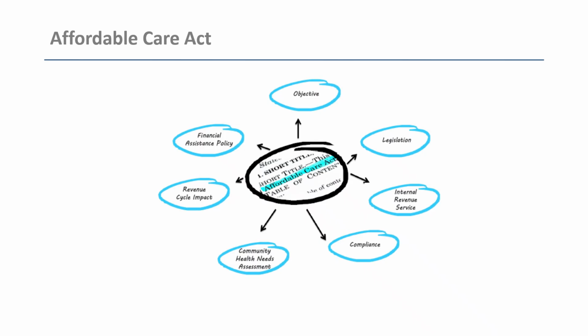Compliance with Section 501r requirements is needed in exchange for the federal tax exemption. These requirements are a cost of doing business. Compliance allows hospitals to demonstrate how much community benefit services are provided in their communities.